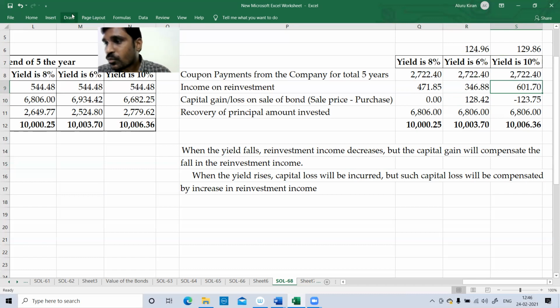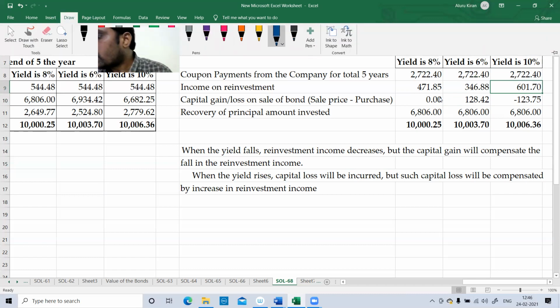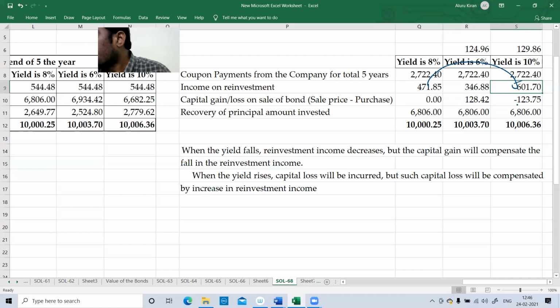From here to here, reinvestment income increases, and this capital loss will be compensated here. From here to here, reinvestment income decreases, and the decrease is compensated by this capital gain. This is how the immunization strategy works.